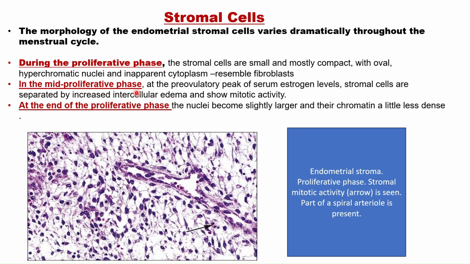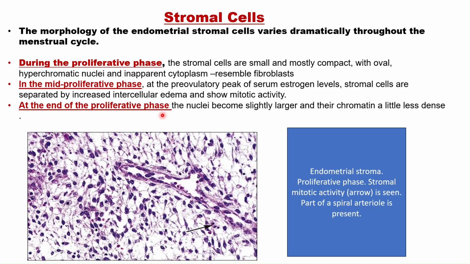In the mid-proliferative phase, where there is a peak of serum estrogen level, these stromal cells are separated by increased intercellular edema and show mitotic activity. So this is a section showing mid-proliferative phase with markedly edematous stroma and mitotic activity.